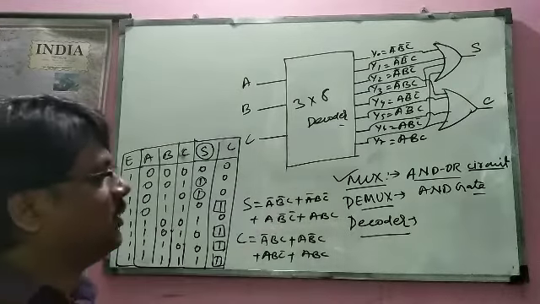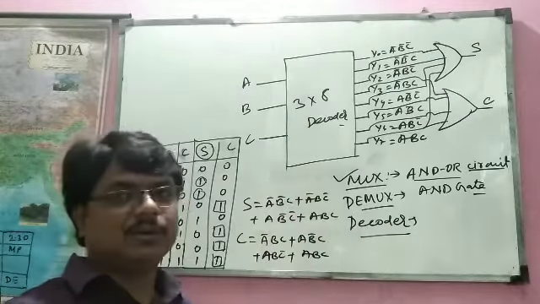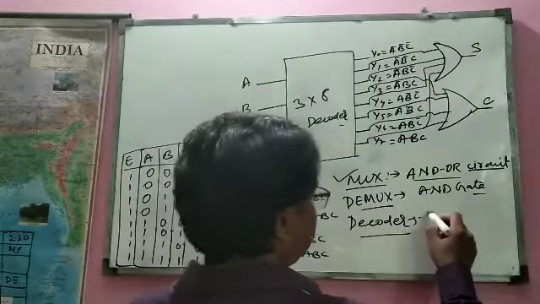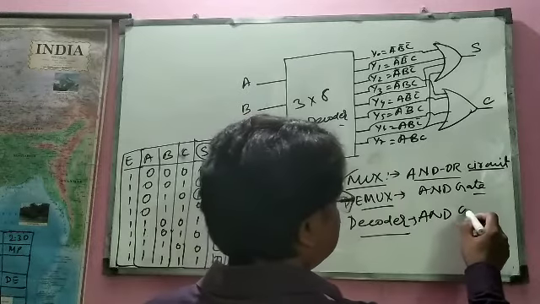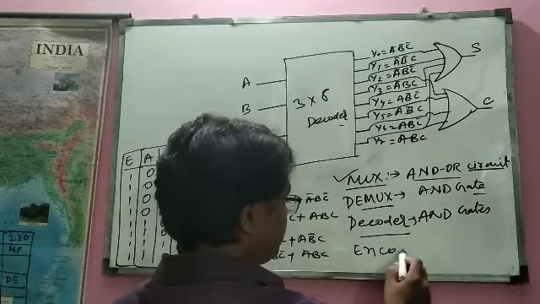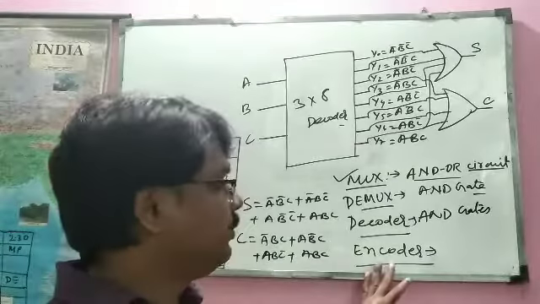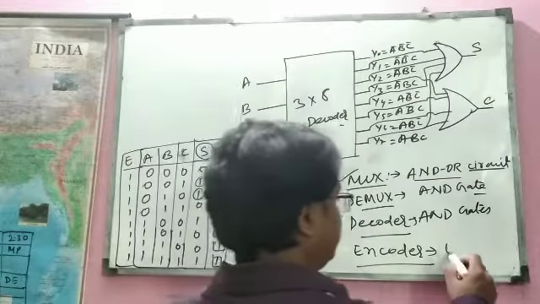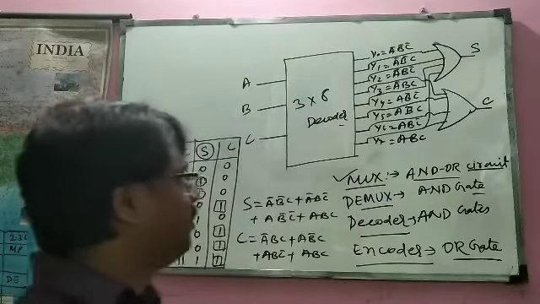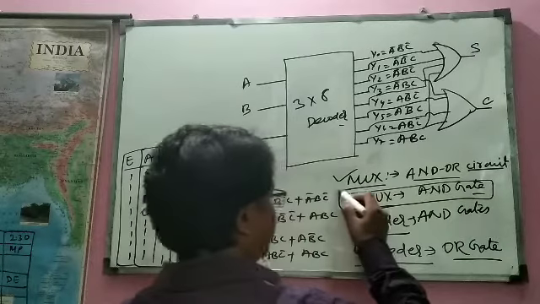Before you watched the designing of this decoder, there was only AND gate, so it contains AND gates. And encoder, in the previous lecture we saw the encoder, and encoder contains only OR gates. So by using this demux we are not able to design any circuit.